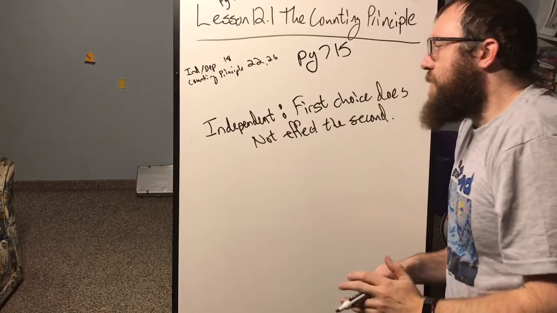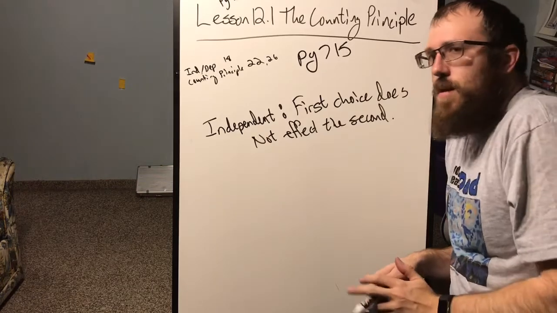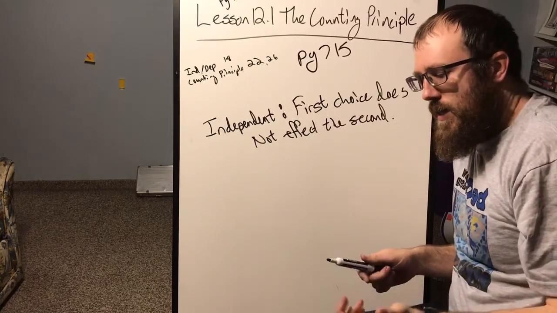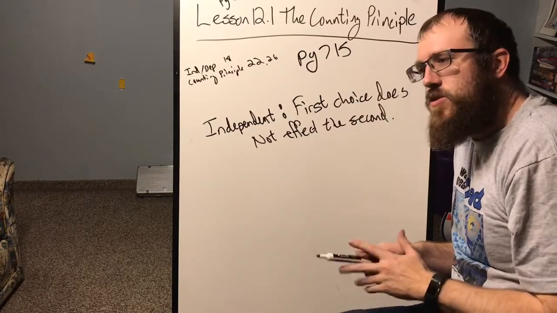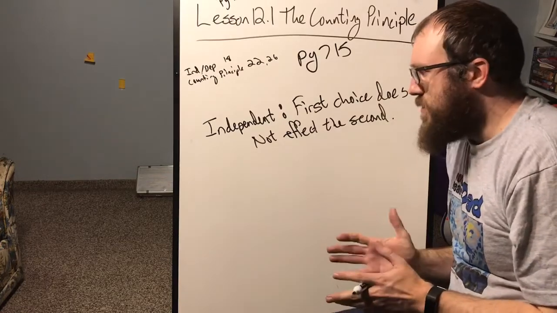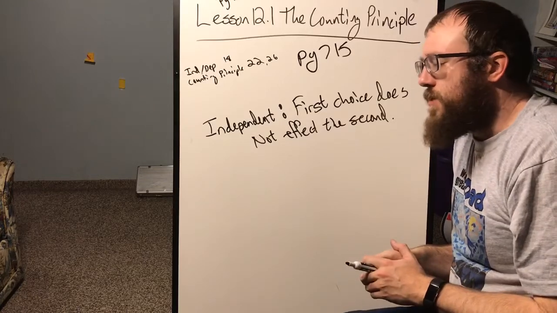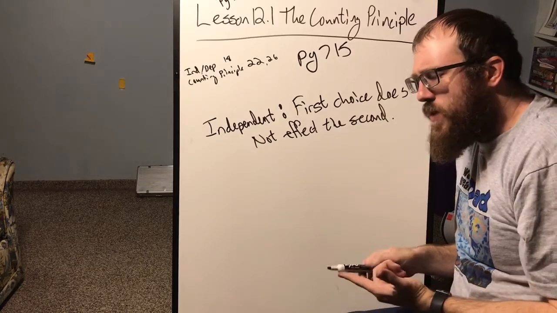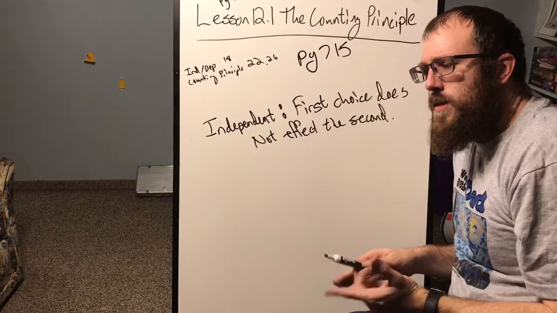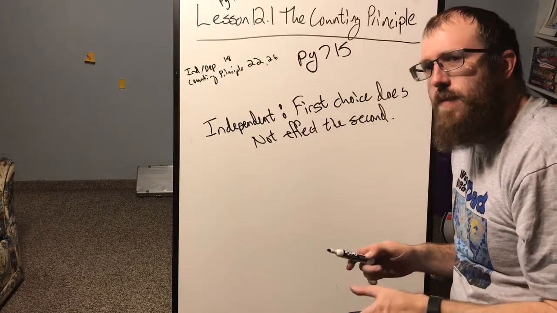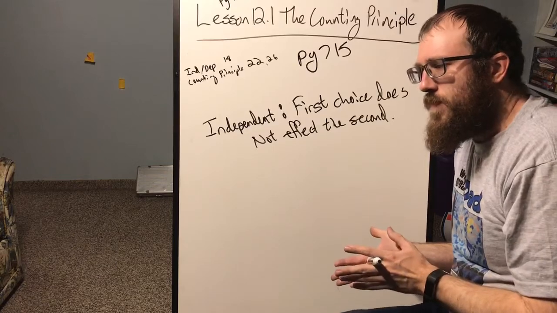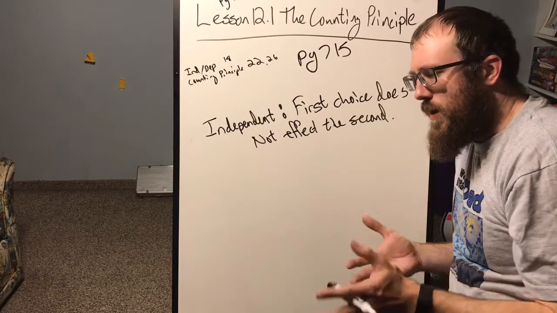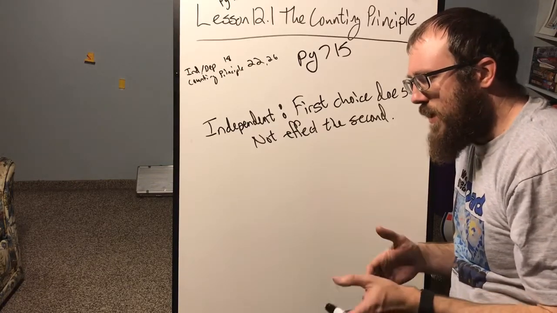So things like, if I'm going to pick supper for tonight, I need 1 protein, 1 fruit, and 1 vegetable, and then maybe a starch for supper tonight. The protein I choose technically doesn't affect the fruit I choose or the vegetable I choose, because fruits are not also proteins, vegetables are not also proteins.